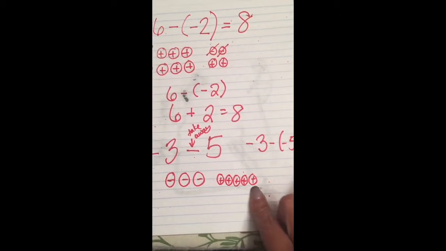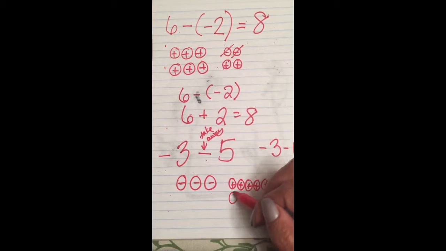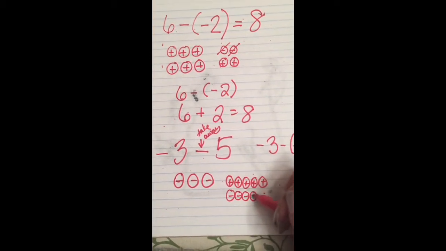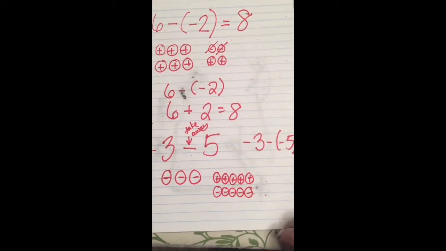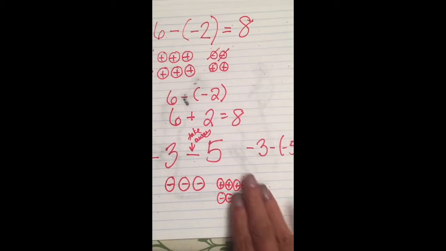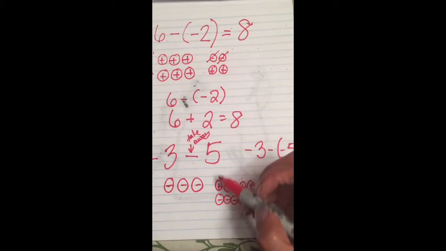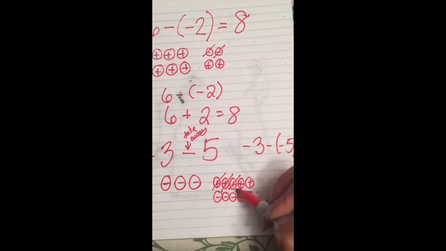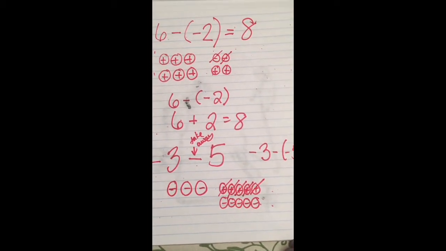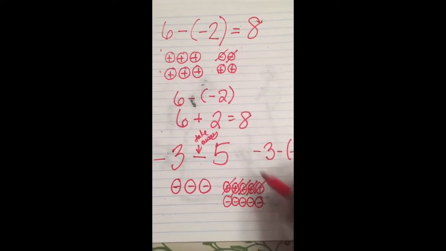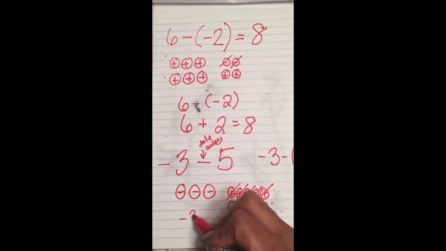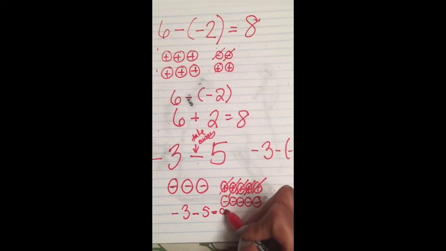But remember, I still want it to equal negative 3, so I have to also add 5 negatives. So these guys would all cancel out. I still have negative 3, even though I'm adding my zero pairs. But this does allow me to take away 5 positives and leaves me altogether with 8 negatives.